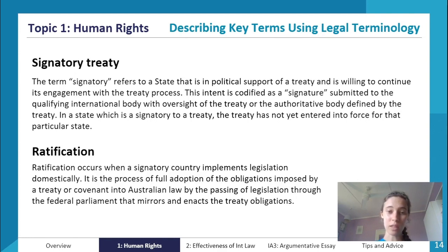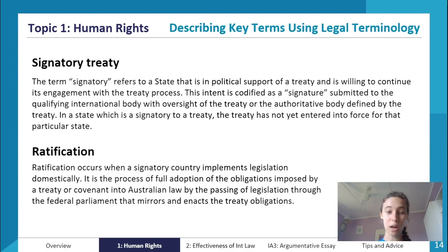You're saying that you're interested and willing to continue the process of following along with it, but you haven't yet got the legislation that makes it legal. It's an intent, so that's important. It's about intent and it hasn't actually happened yet. It's a signature that's submitted to the qualifying international body. That just means whoever is in charge of that particular treaty is who you're submitting the signature to.